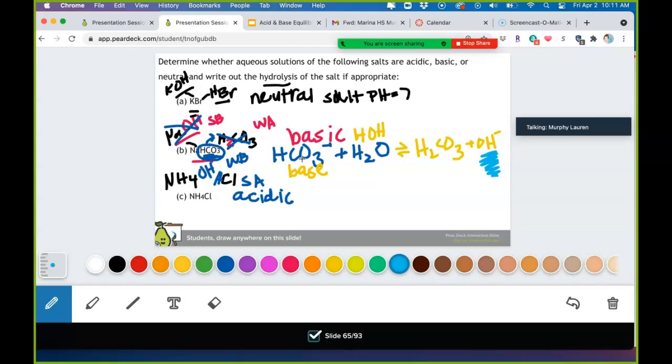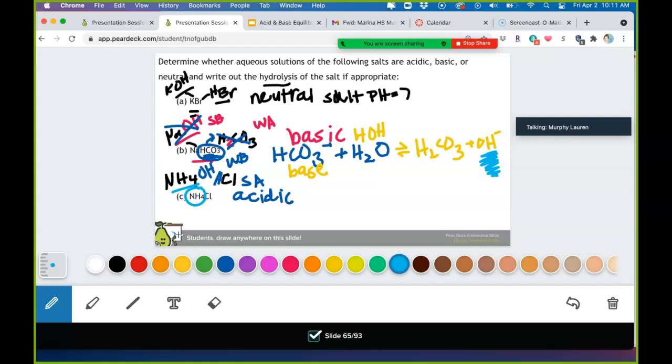So let's look at the ammonium chloride one. Ammonium chloride is formed from the reaction between ammonium hydroxide and hydrochloric acid. So you locate the weak species, the weak acid or the weak base. In this case, it's not a weak acid, it's a strong acid. So it's the weak base that I'm looking for because its conjugate is a stronger acid.